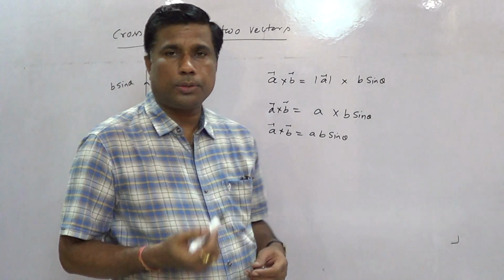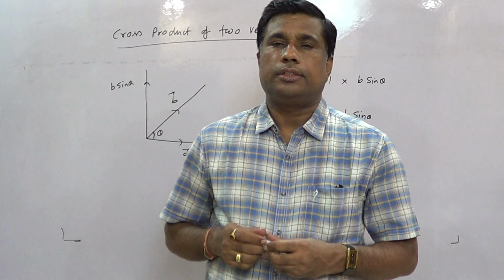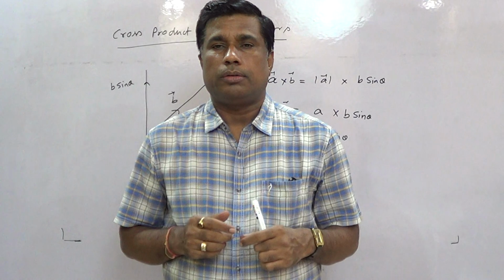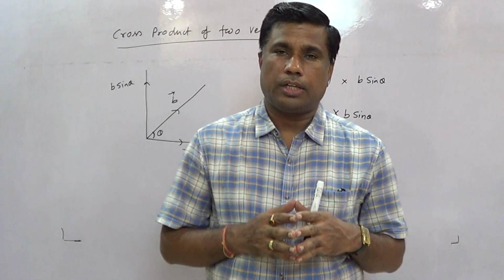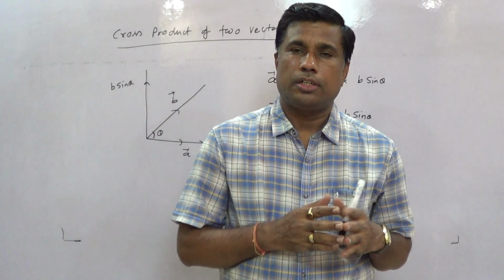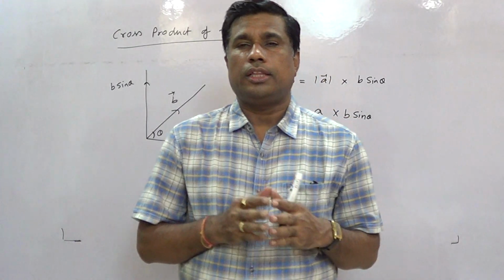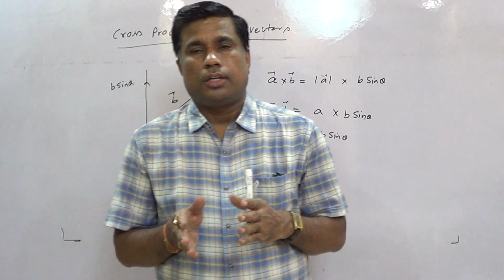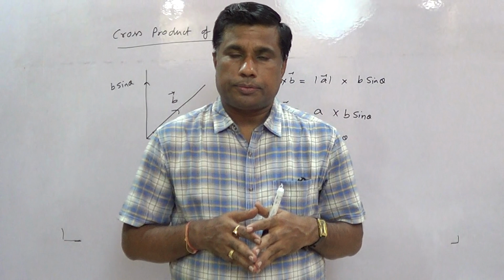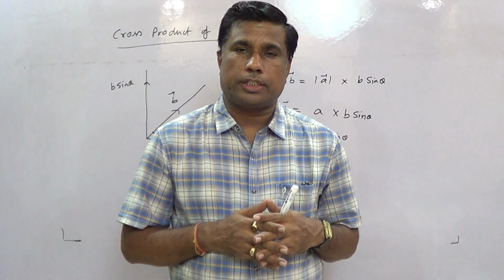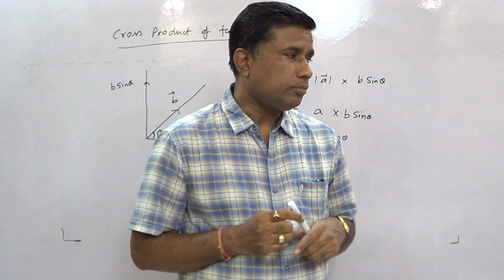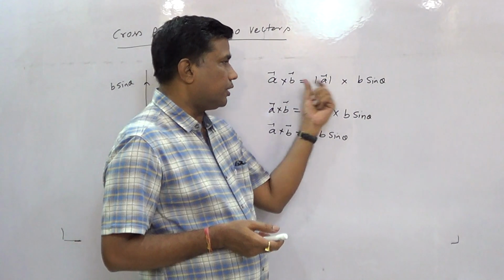But as I told, if we multiply some vectors and their resultant is a vector quantity, then it is calculated as cross product or vector product. So our result is a vector.